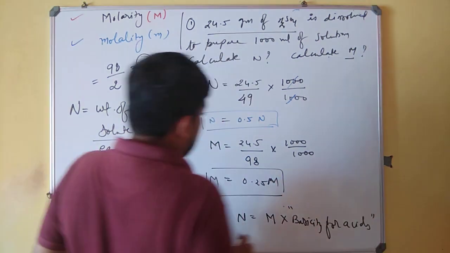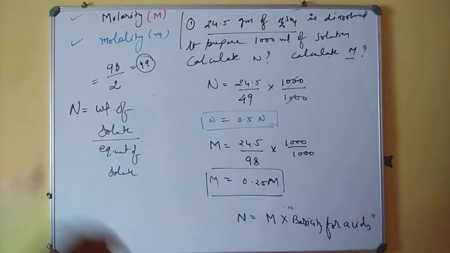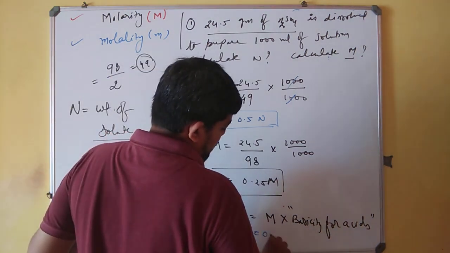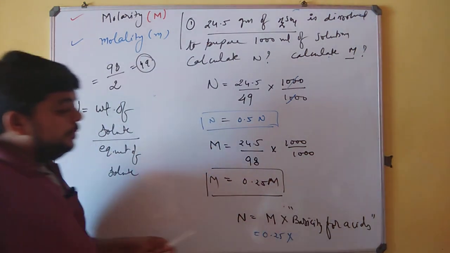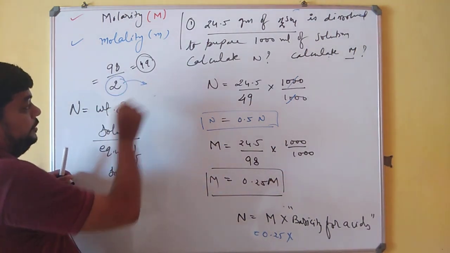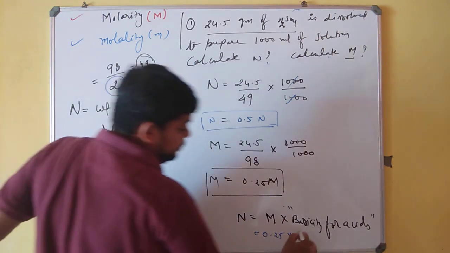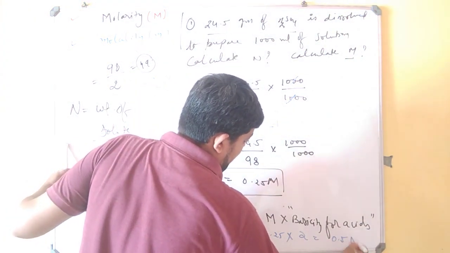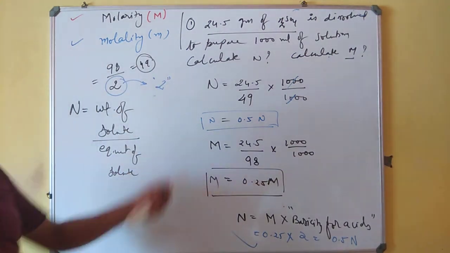Let us check whether this is right or wrong. For this particular question, what is the molarity? 0.25. What is the basicity for H2SO4? Basicity is nothing but the equivalence. So it is 2. So I will just end up with 0.5 normal. Am I right? Yes, I am absolutely right.